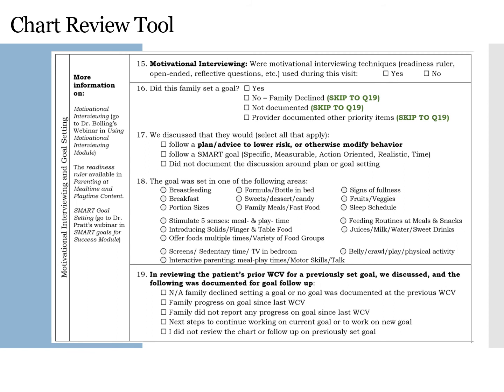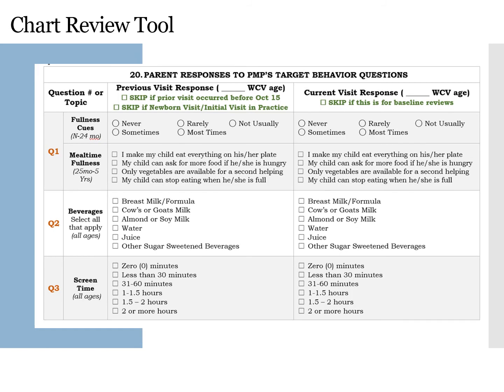Or you took the next step and noted what were the next things that the family was going to continue working on with this current goal or in a new area. And the final element is I did not review the chart or follow up on a previously set goal. So we have a way of teasing apart: you haven't yet gotten to improve this process of looking back in the chart for a goal, versus there was no documentation of a goal being set from a prior encounter.